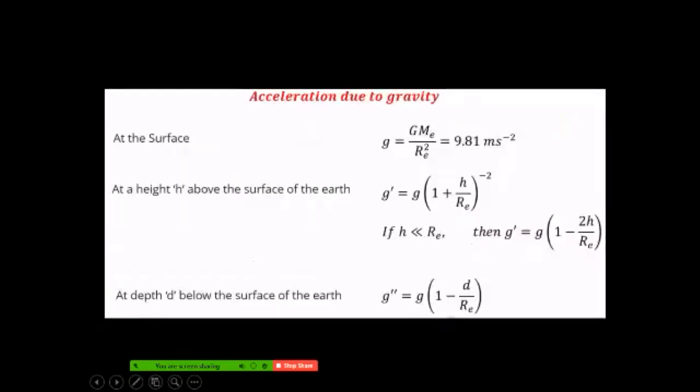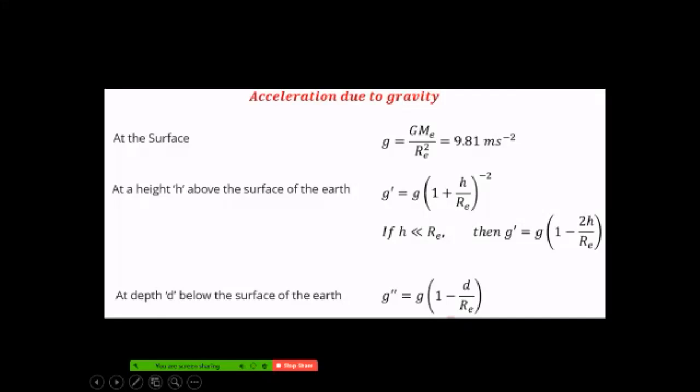Students, acceleration due to gravity. Acceleration due to gravity at the surface, we know that small g is equal to 9.8 meter per second squared. So the formula will be small g is equal to capital G mass of earth divided by the radius of earth squared.